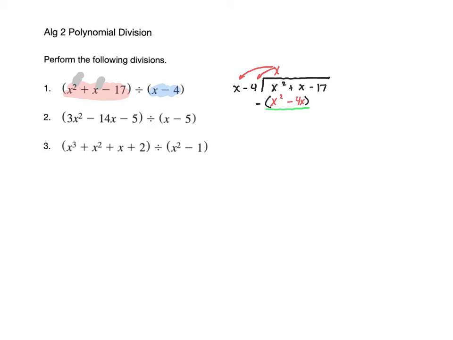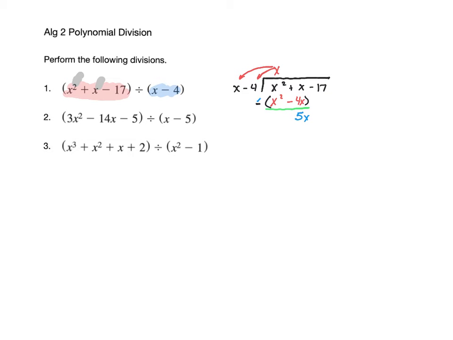So x squared minus x squared is 0 x squareds. They've canceled out. And this is x minus negative 4, so it becomes x plus 4x, giving us a total of 5x.